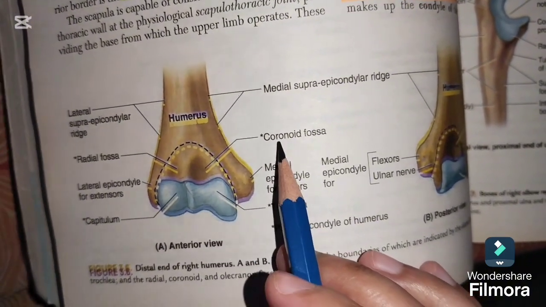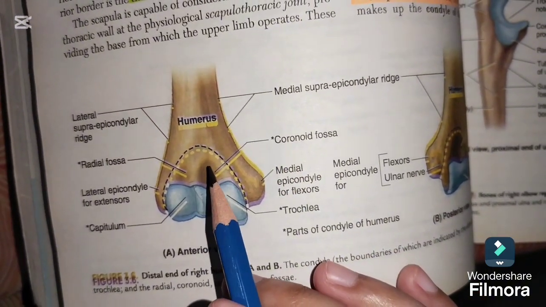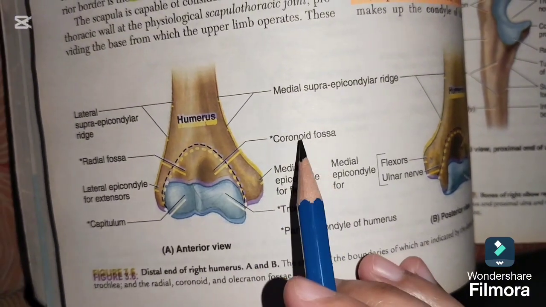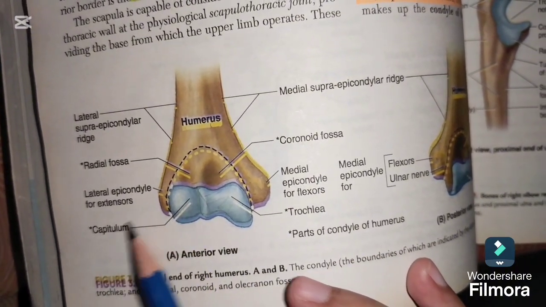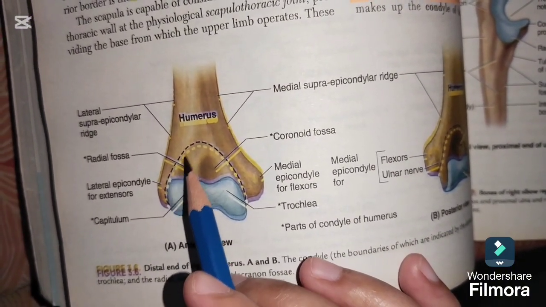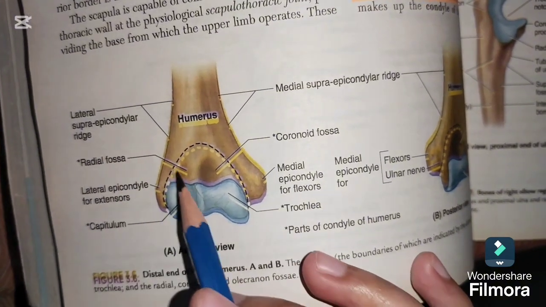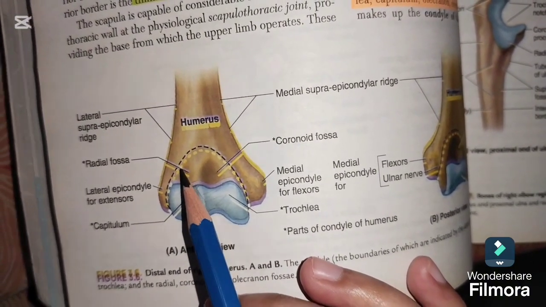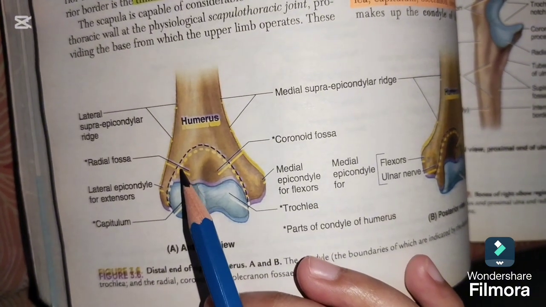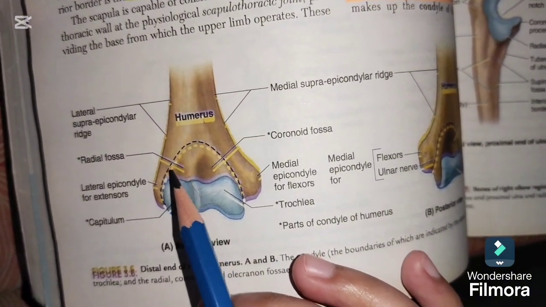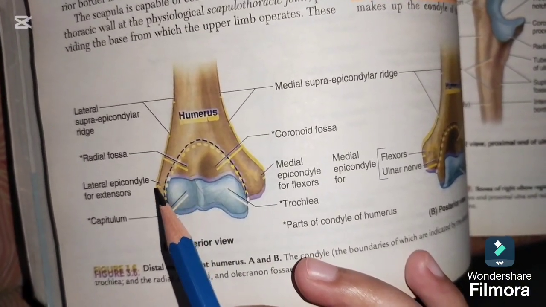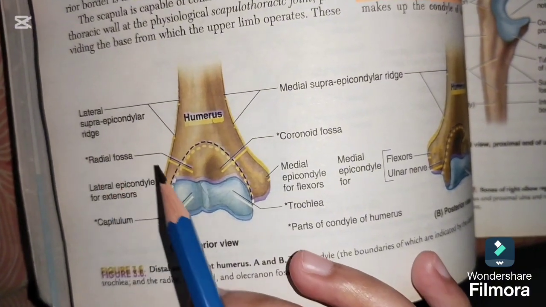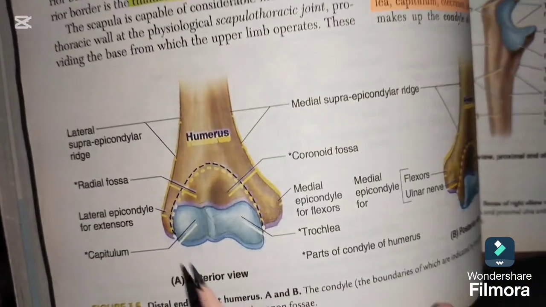Hence it is known as the coronoid fossa. And just lateral to the coronoid fossa, above the capitulum, we have the radial fossa. It is where the head of the radial bone resides when the elbow joint is flexed. Hence it is known as the radial fossa.